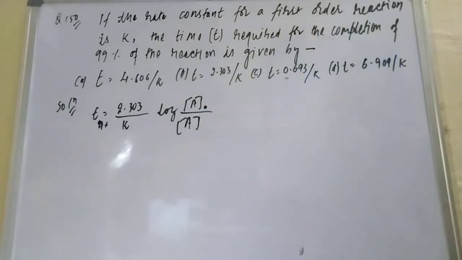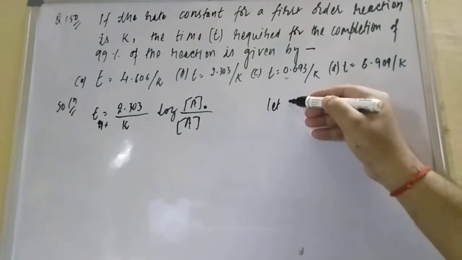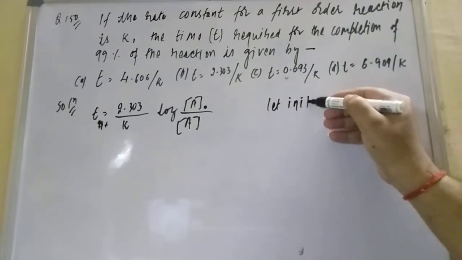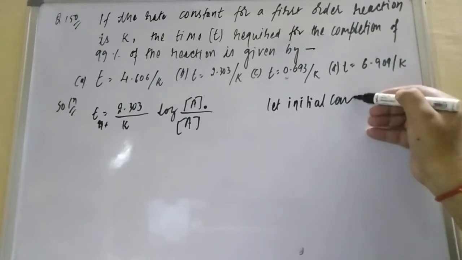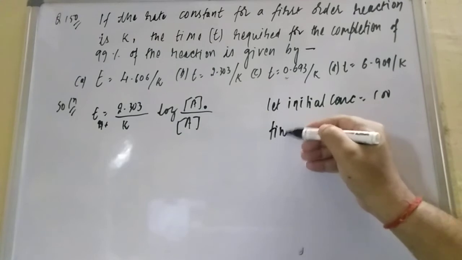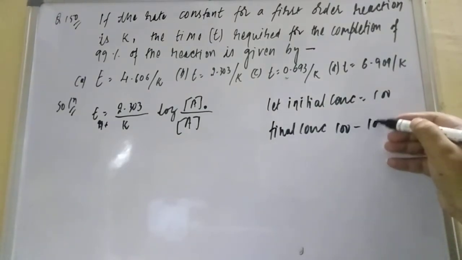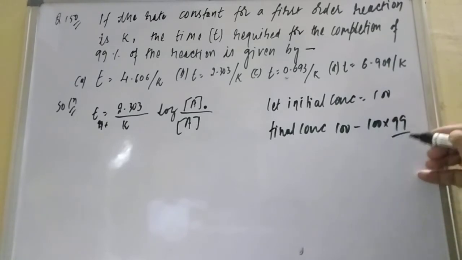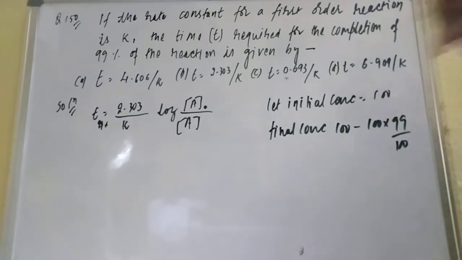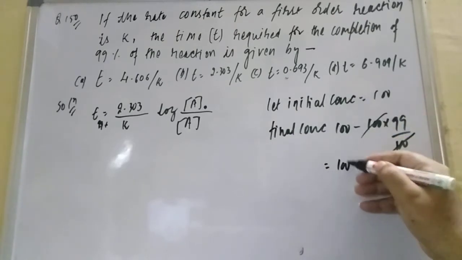Dear student, what is the final concentration, what is initial? Let initial concentration be 100. So final concentration is 100 minus 100% of 99. Okay, so after completion of 99%, 100 minus 99.